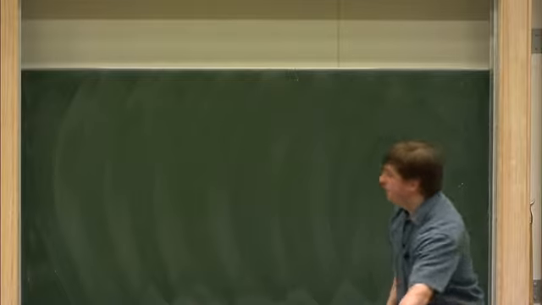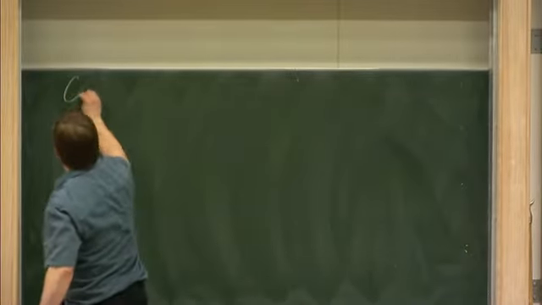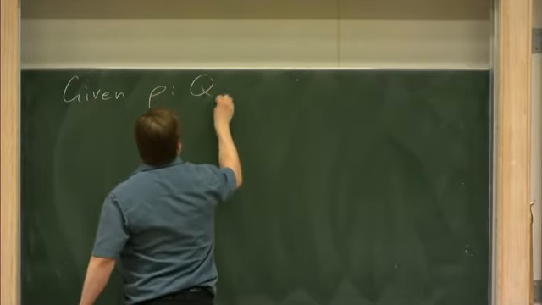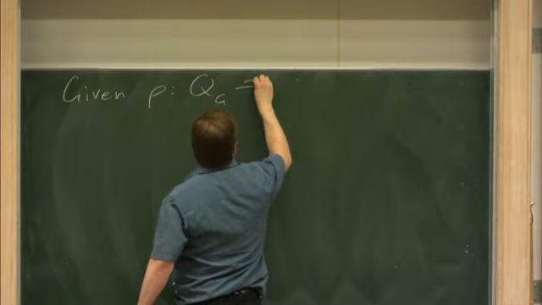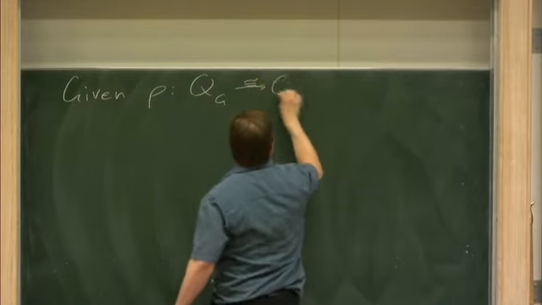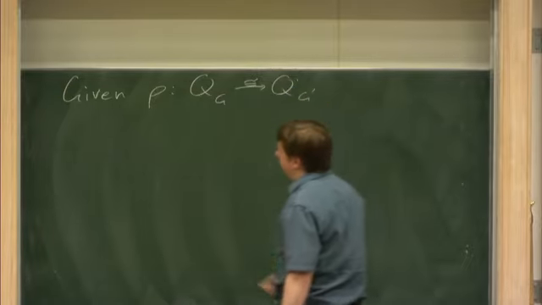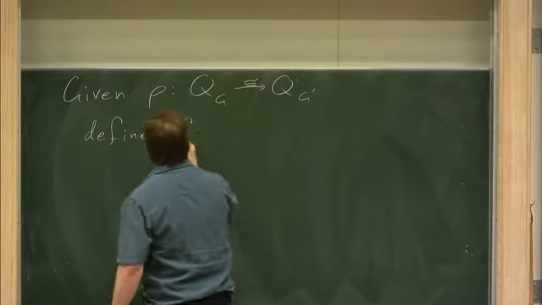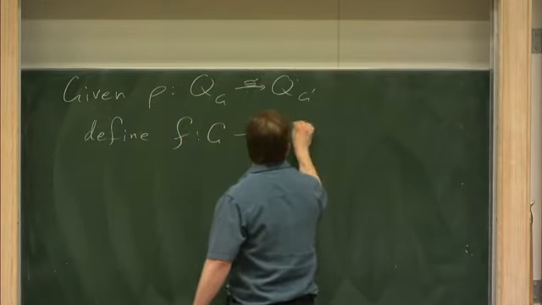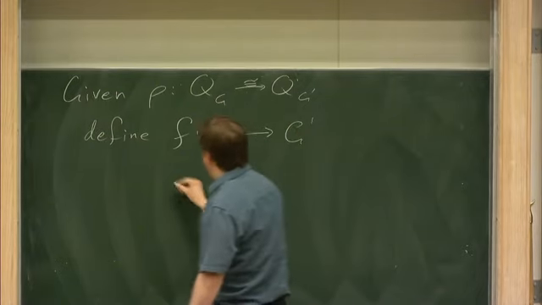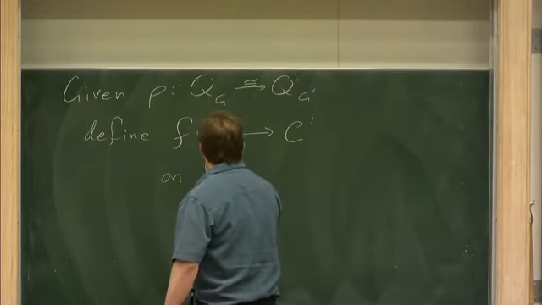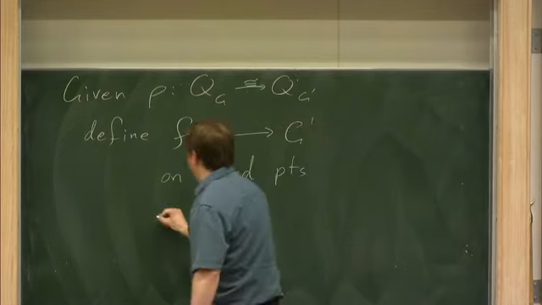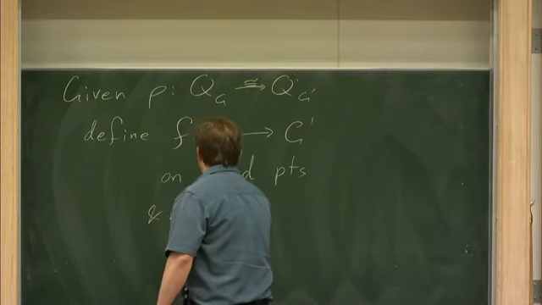So, given rho from QG to QG prime, define f from G to G prime on fixed points and non-fixed points.